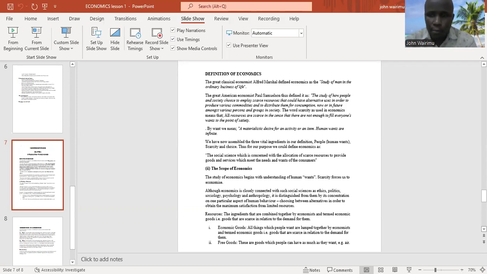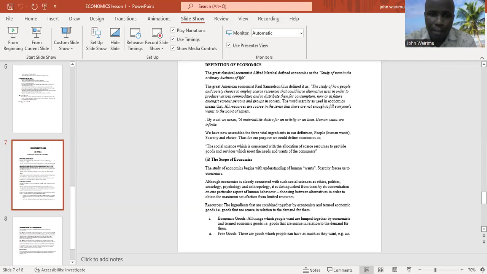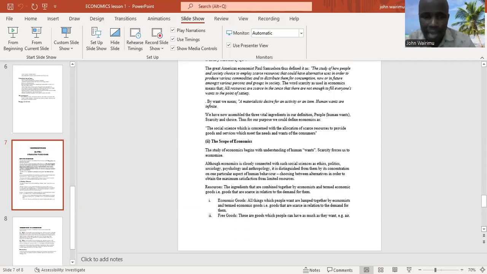Now, we have mentioned wants and what economics will look like. Now, let's look at these resources. We are saying that these resources are scarce. Resources in this case are the ingredients that are combined together by economists and termed economic goods.